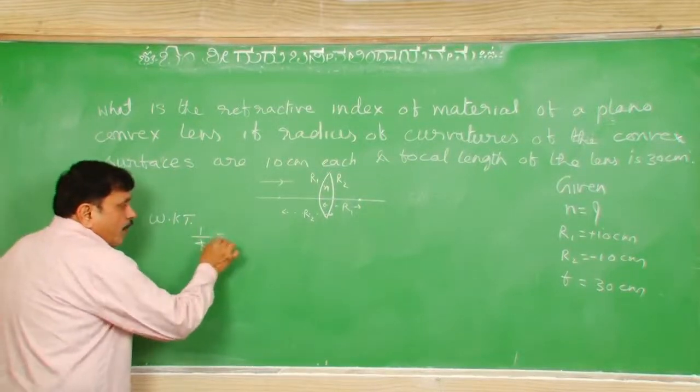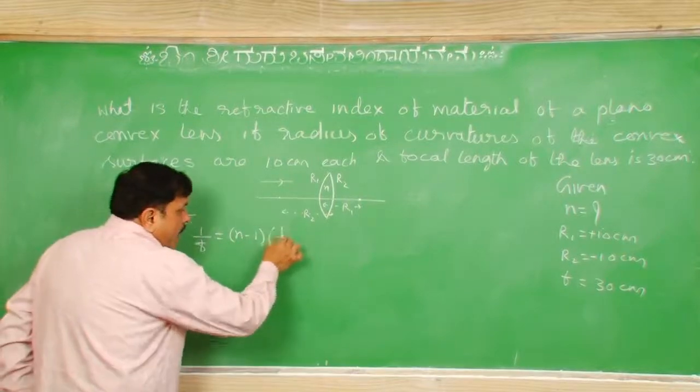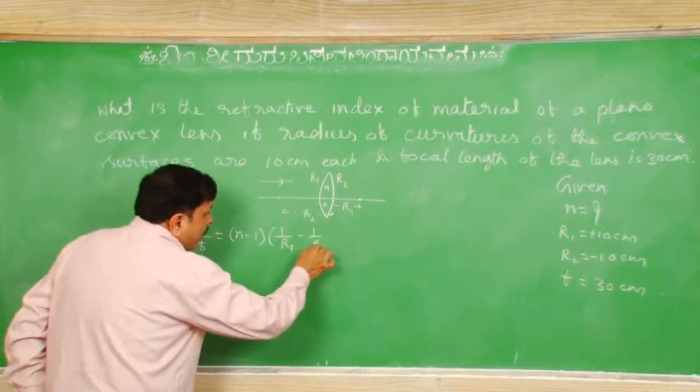We know the formula: 1 by F equals (n minus 1) times (1 by R1 minus 1 by R2).